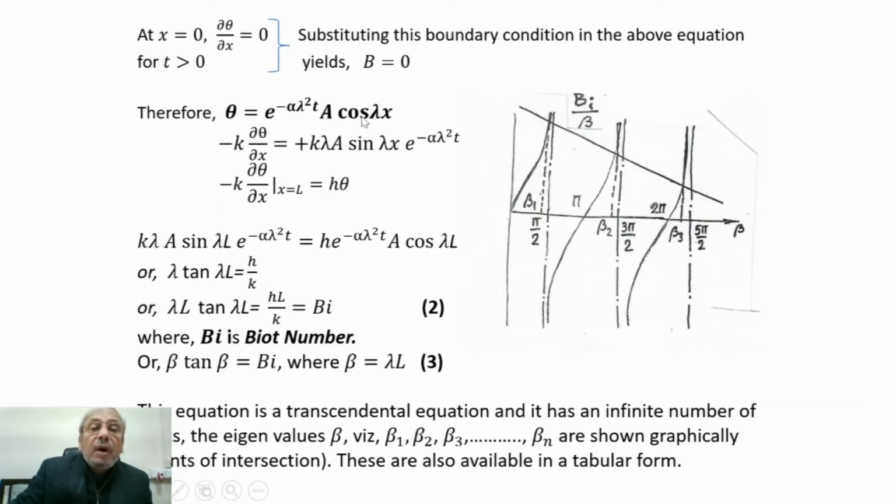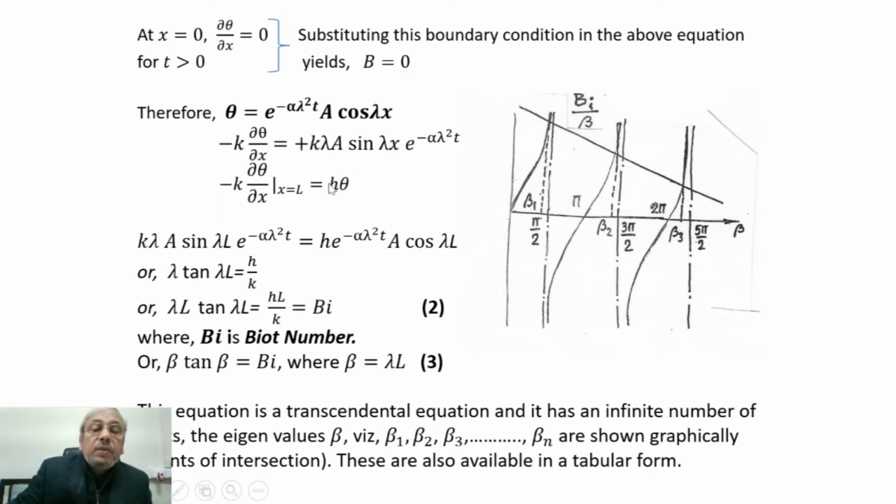From here we get plus k lambda into a sin lambda x e to the power minus alpha lambda square t. E to the power minus alpha lambda square t is untouched, basically a cos lambda x. We find the derivative and multiply it with minus k, and we get this quantity.